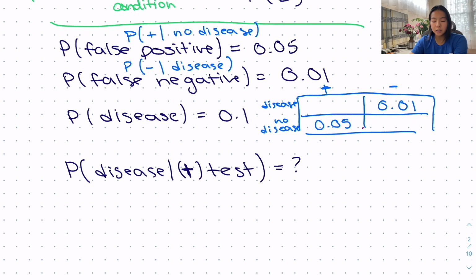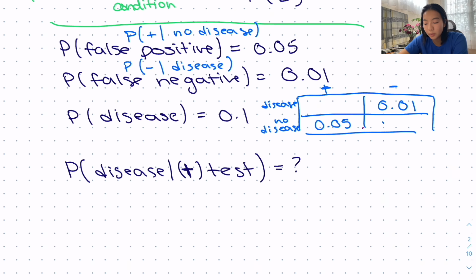So the probability that you test positive and you don't have the disease, plus the probability that you test negative given that you don't have the disease, that should sum up to 1. Okay, because if you don't have the disease, then you should have some probability that you're testing positive and some probability that you're testing negative, but that probability in total should be 1. So that means that the probability of negative and no disease, this should be the opposite.